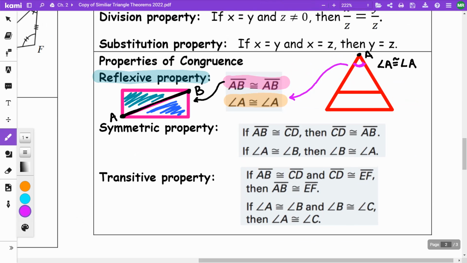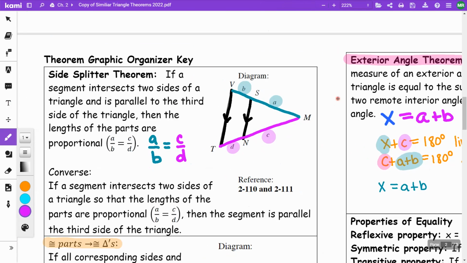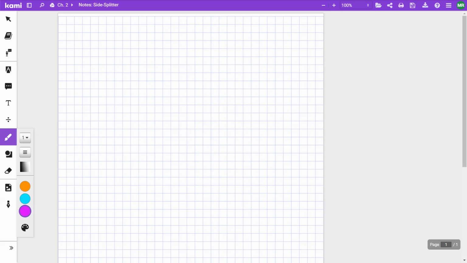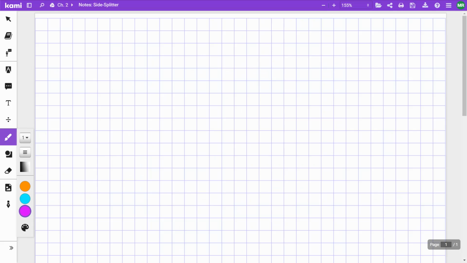Now, the other thing we added in was a picture like this, which is dealing with the side splitter that we talked about over here. So if you want to copy this into your composition book. So this is going to be side splitter.